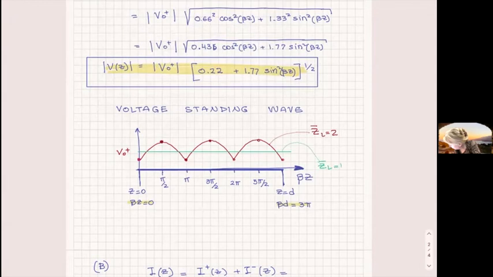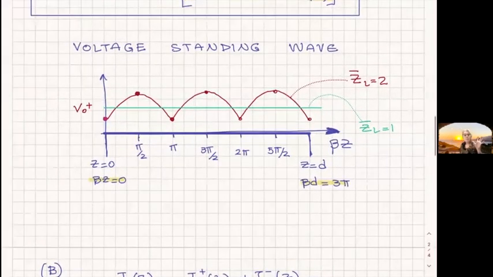So the further I deviate from this green straight line, and go around it, like hopping around it, the more the indication that I have a reflection coefficient.